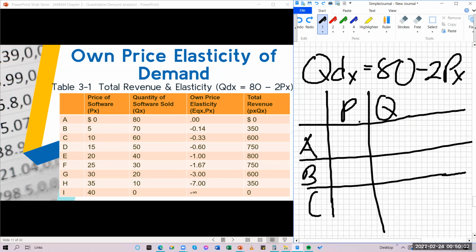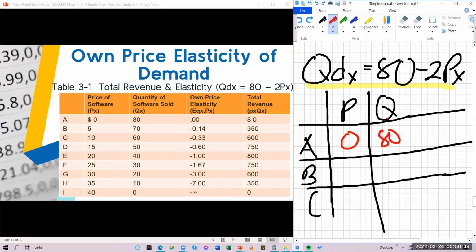For A, B, and C, the price is, as you all know, assumed to be 0 in order for us to get the quantity demanded of X. So 80 minus 2 times 0, we will have 80.